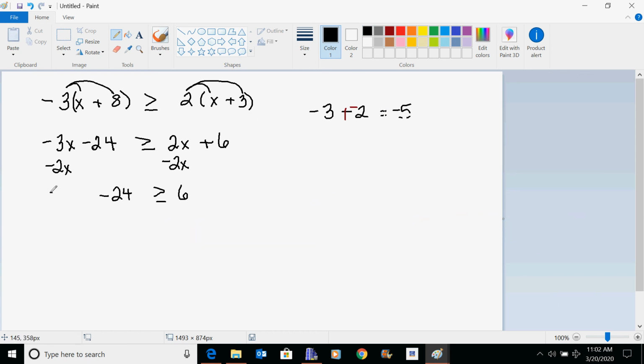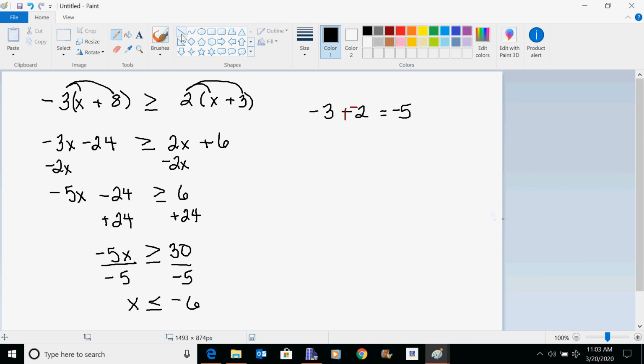So I have -5x here, and then I want to add this 24 to both sides, giving me 30. And then finally, I need to divide by -5. When I divide by -5, because I've divided by a negative, don't forget to flip over your inequality sign.